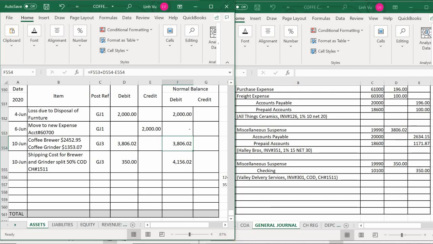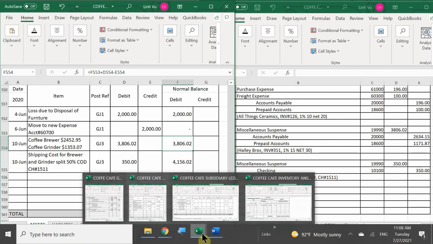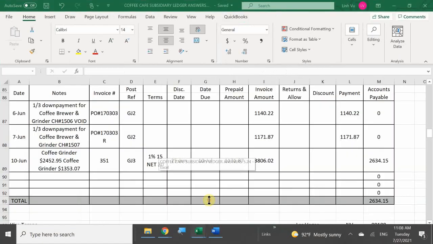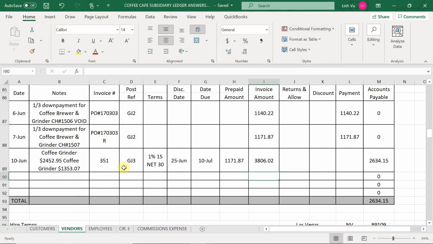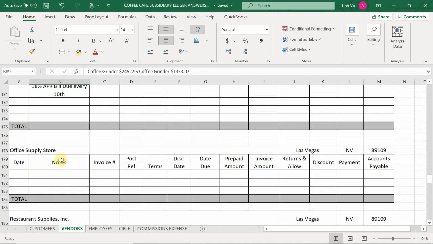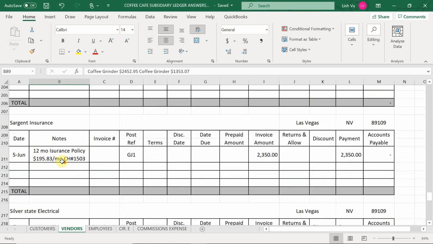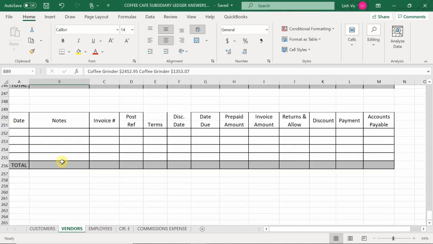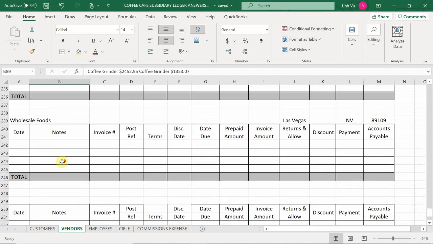Okay. So now that we have that, we dealt with a delivery service. I'm going to go to my subsidiary ledger, because this time I dealt with Valley Delivery Services. They were the ones who delivered the coffee brewer and coffee grinder.